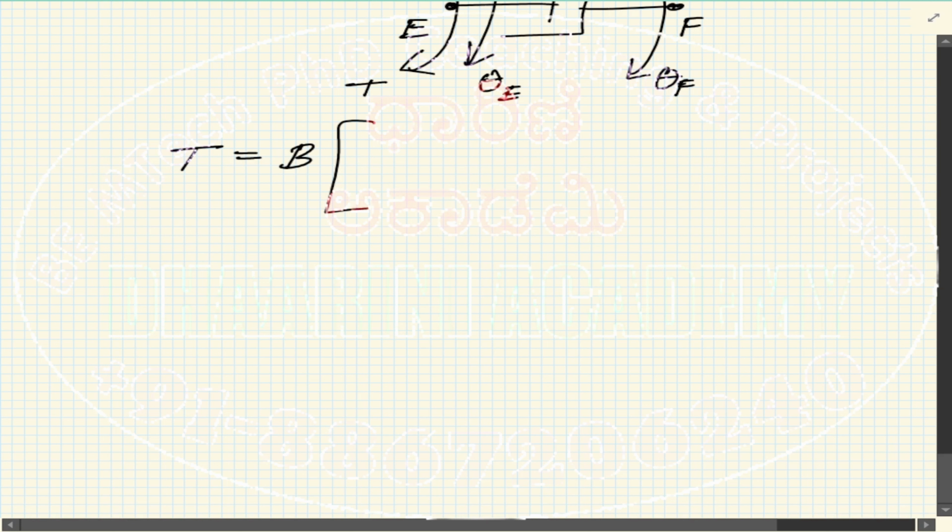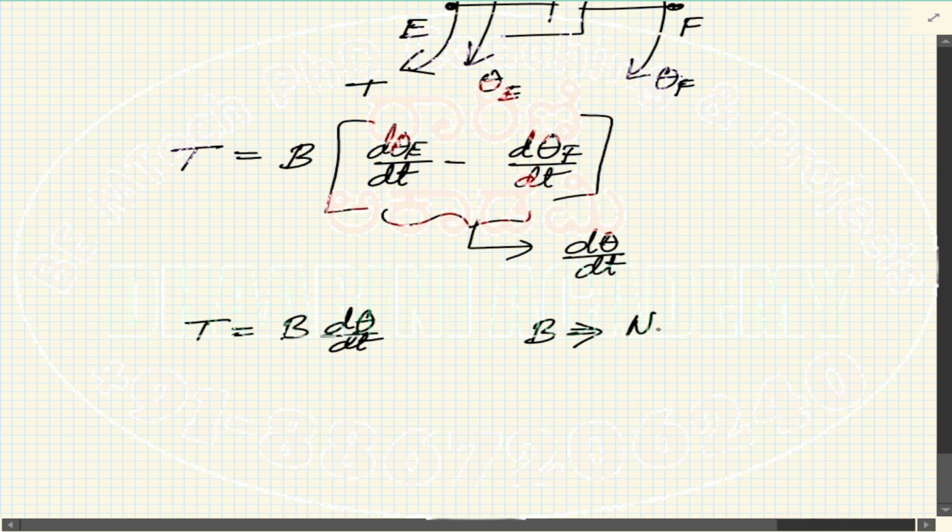B is measured in Newton meter per radian per second, because d theta by dt goes to the other side: T is in Newton meter divided by d theta by dt, where theta is in radians and time is in seconds.